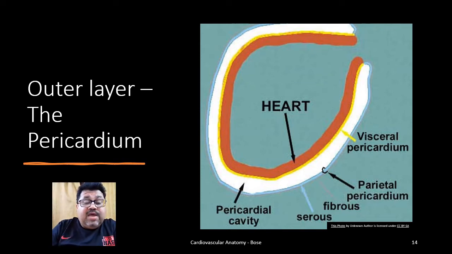There are many clinical correlates of this information. The presence of the minimal amount of fluid secreted by the visceral pericardium to allow it to glide makes the movement of the heart easier with less friction.